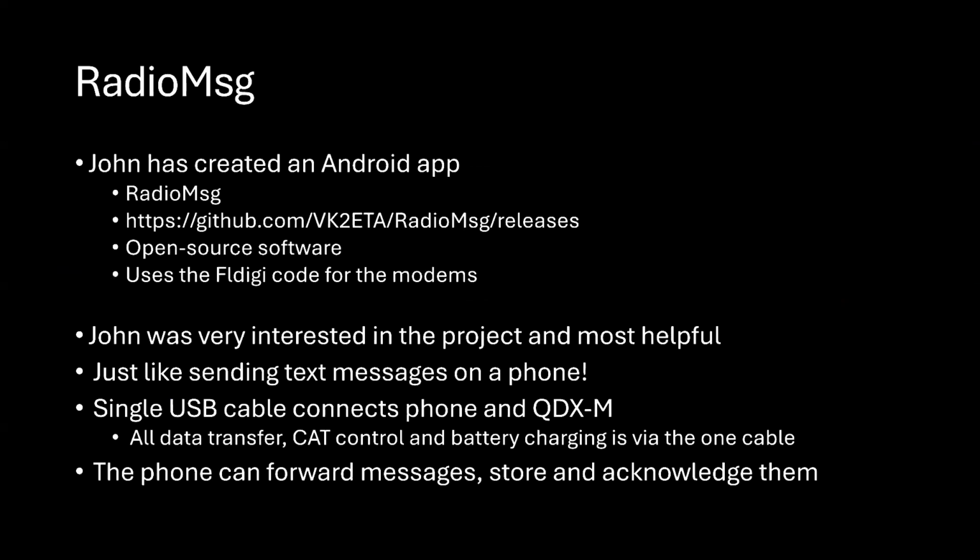John created this Android app called Radio Message, and it has an interesting history, actually. It was originally put together for traveling across the Western Australian desert, where you can easily generate dust clouds that are several kilometers in diameter, and you don't know where your companions are.